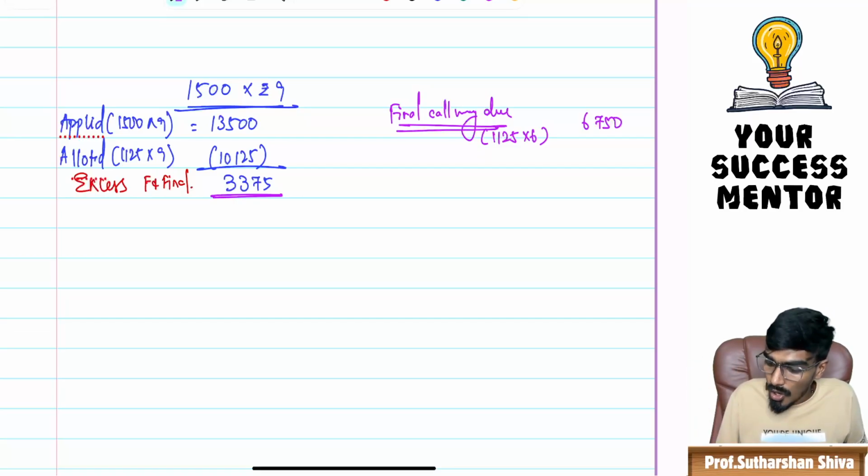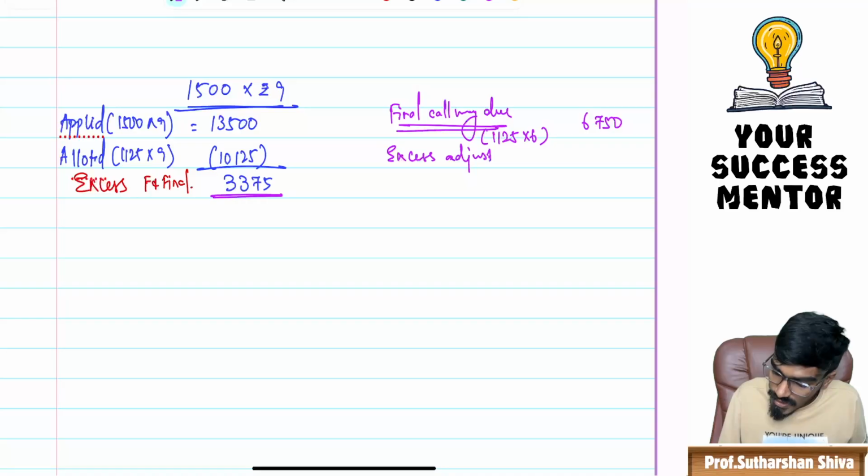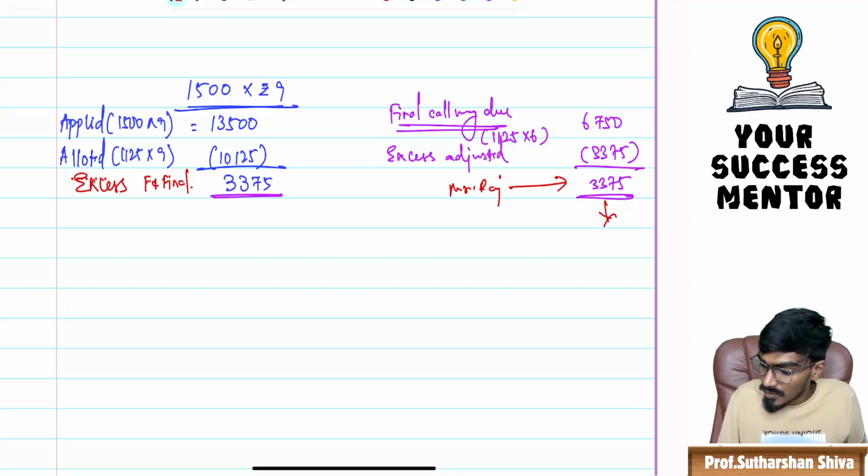On that, how much excess is to be adjusted? 3375 you will adjust. So what is the amount you will be collecting from Mr. Raj? Mr. Raj is only liable for 3375. This is what he is not paying.